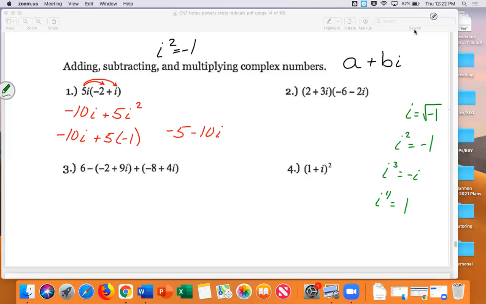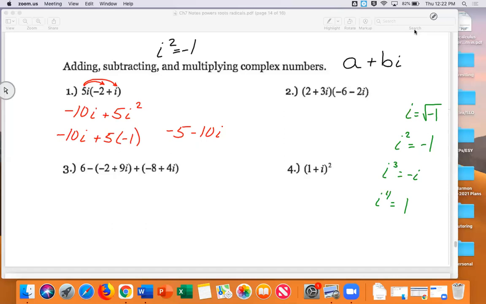See that? So i's are kind of cyclical, meaning once I hit a power greater than 4, it just cycles back through. Like 5: how many times does 4 go into 5? 1 time with how much left over? 1. So i to the 5th is just i.